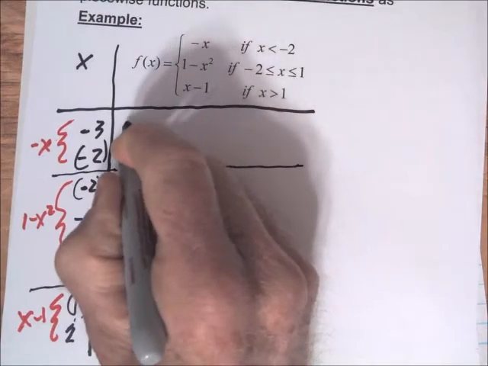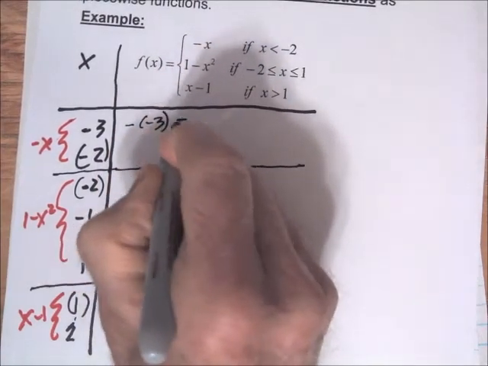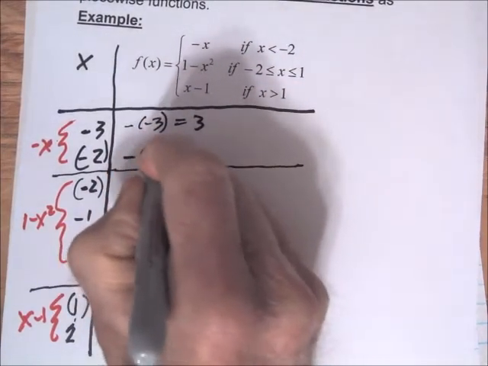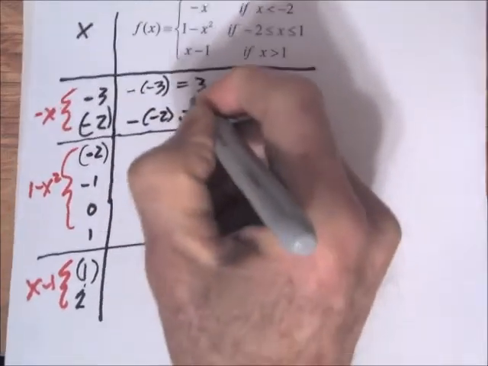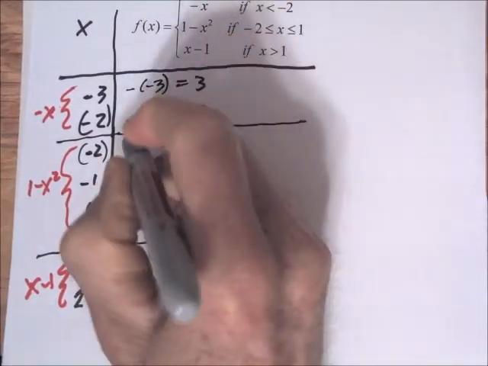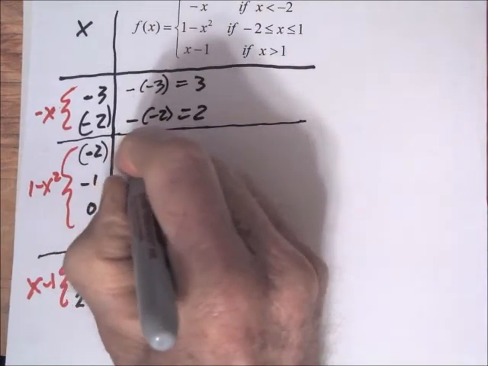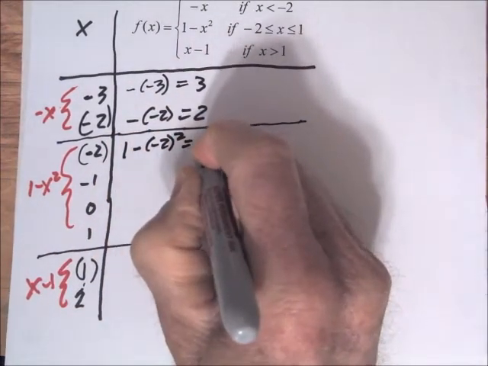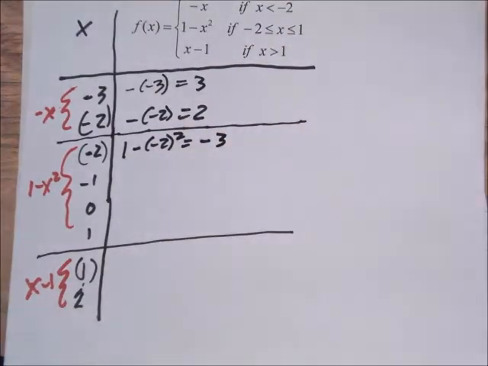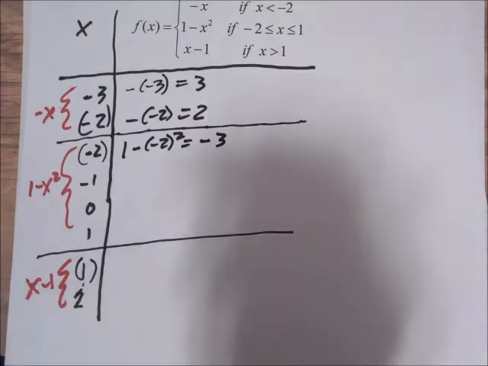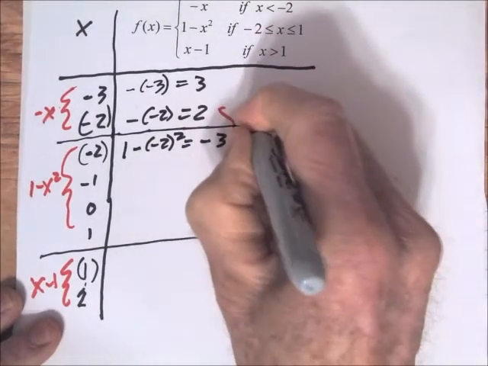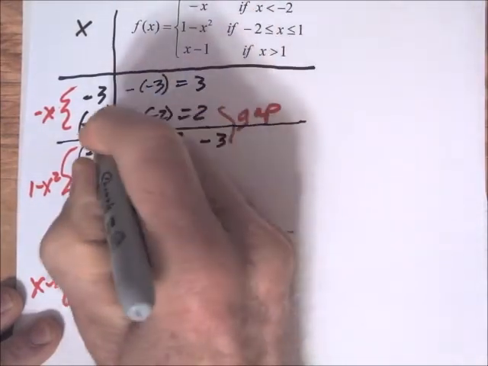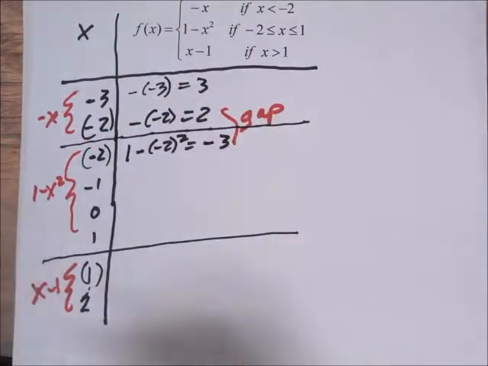Okay, so minus negative 3 is 3, minus negative 2 is 2, and if we put negative 2 into the second formula, we have 1 minus negative 2 squared, which is negative 3. And this tells us there's a gap in the graph because these two do not agree. So we know there's a gap here, and we'll do an open circle and a closed circle when we make the graph.